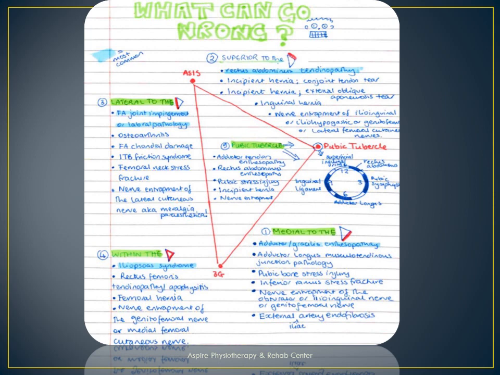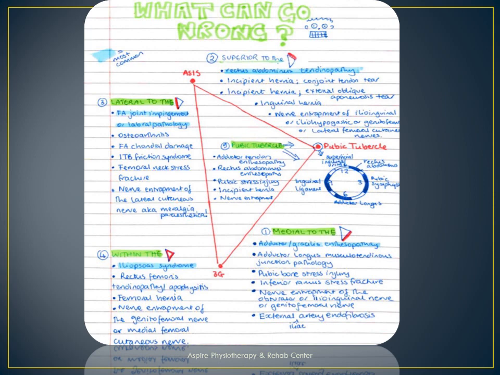When the patient is complaining of 6 o'clock side pain, it is usually adductor longus tendon injury. When the patient is complaining of pain at the 9 o'clock position, that could be the inguinal ligament. We will discuss more about this pubic clock in the next slide.